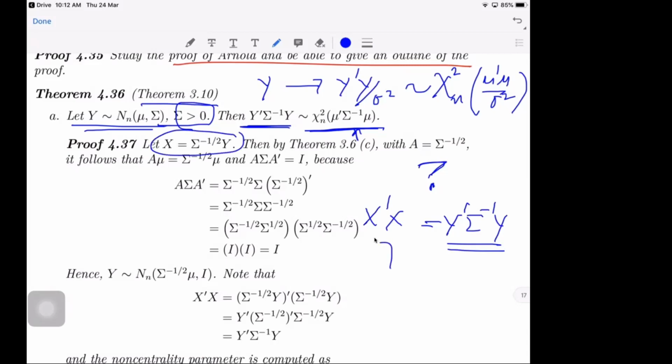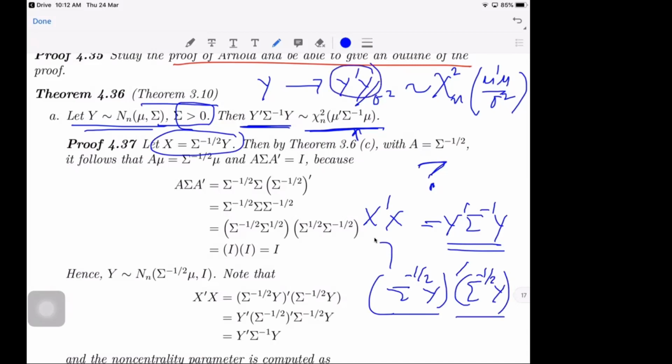So the candidate is x to be sigma raised to the 1/2 y, no? So you take the prime of that and then multiply by this. So you have x prime x or y prime y as our original, no? So our y prime y.